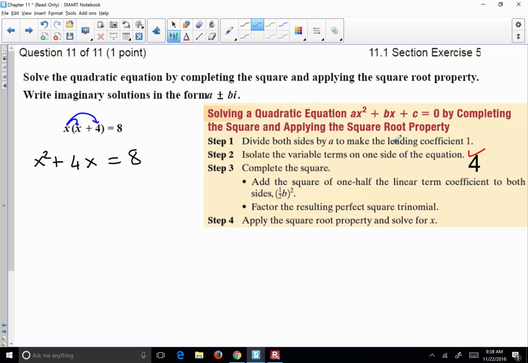Because it says divide both sides by the number in front of x squared. There is no number to divide, so I skipped this one. I skipped step 2 as well, because step 2 says if there is a number here, move it to the other side, but they already did. They already have the number on the other side. X's are isolated. So step 1 and 2 have already been done.